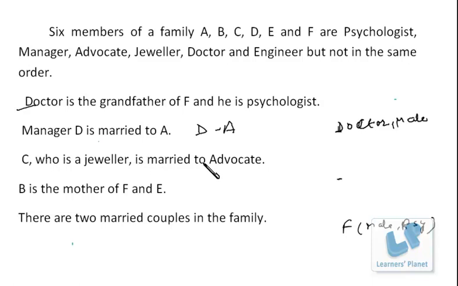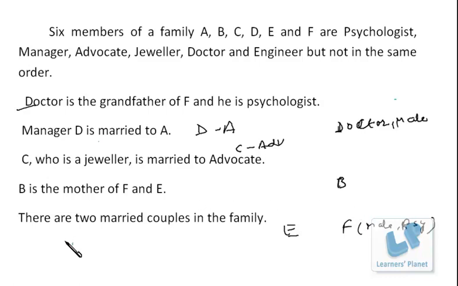C, who is jeweler, is married to advocate. So C and advocate. Now B is mother of F and E. That means F and E are in the same generation and B is mother of them. So B will be here in the previous generation.